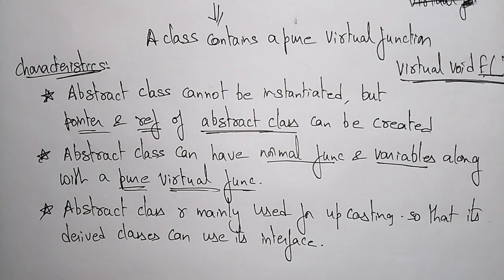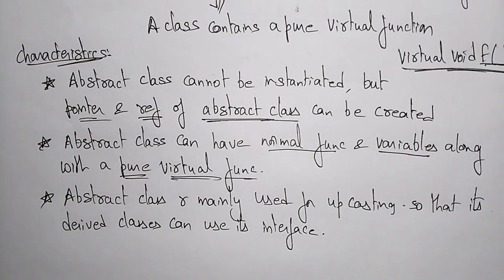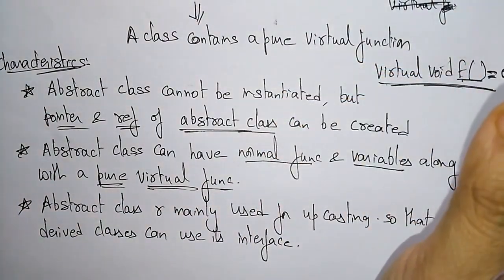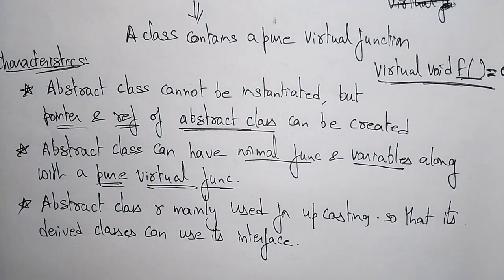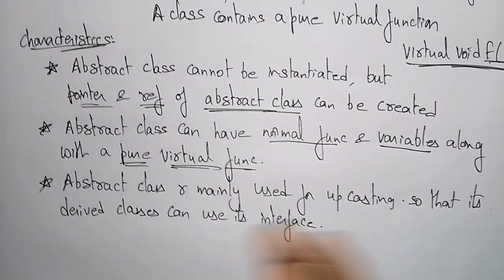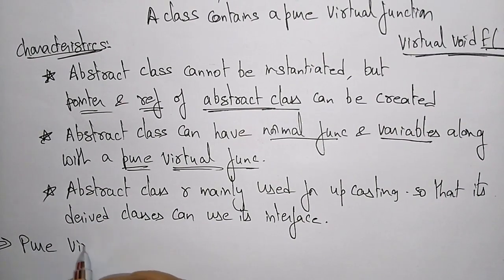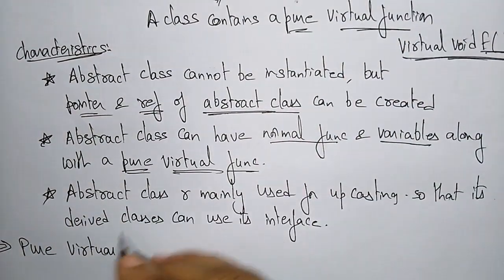A pure virtual function is a virtual function with no definition. So actually this pure virtual function, you call it simply a virtual function with no definition. I'm first talking about this pure virtual function, after that the abstract class.